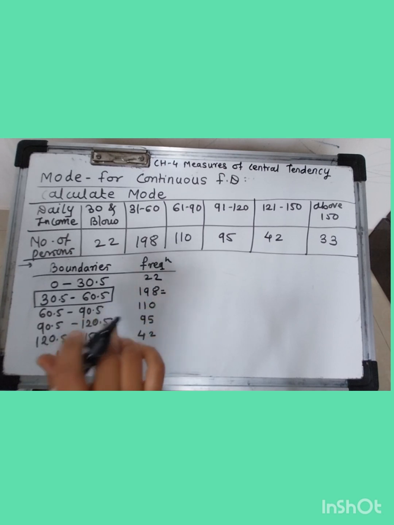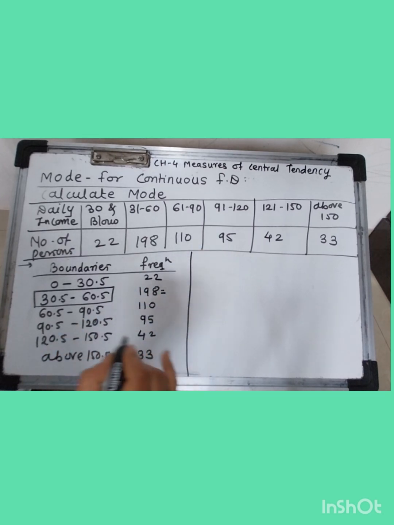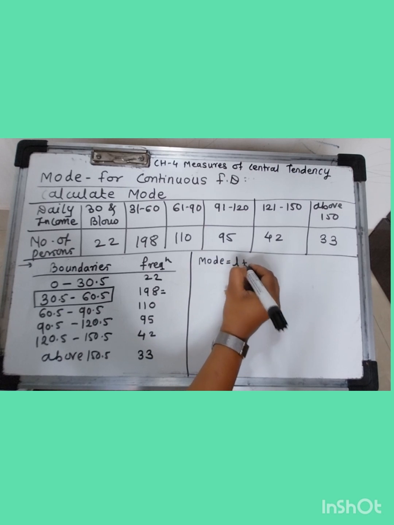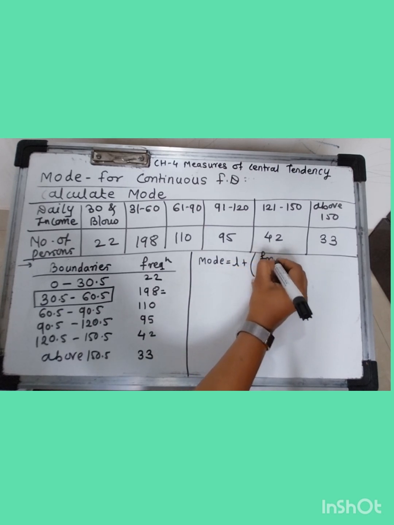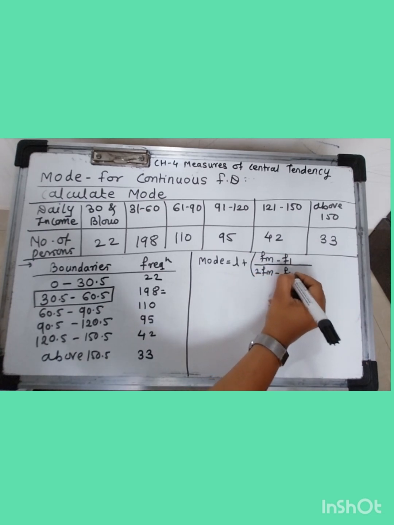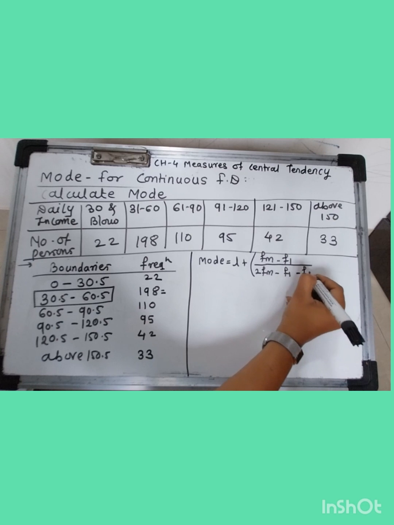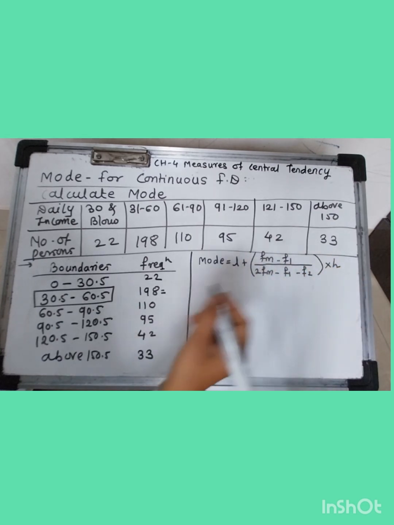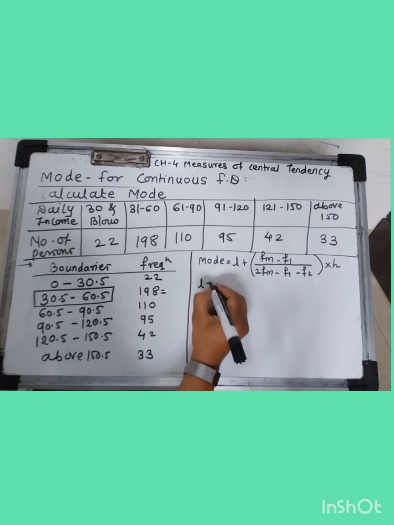Now apply the formula. Mode is equal to L plus (fm minus f1) divided by (2fm minus f1 minus f2), into h. Find out all the values. What is L?